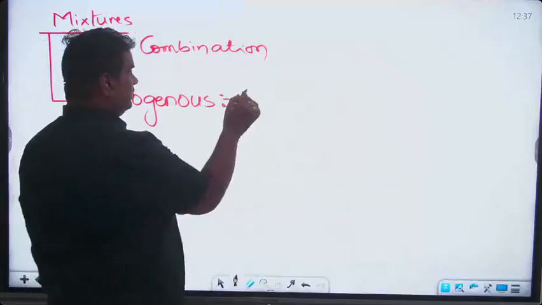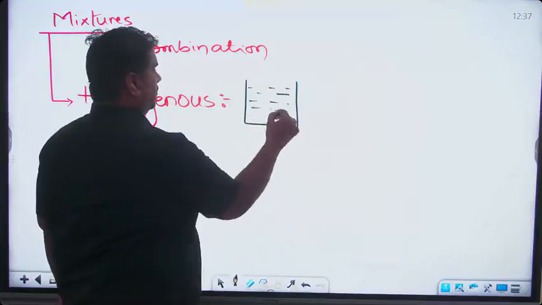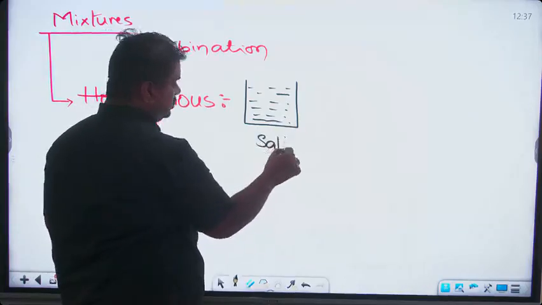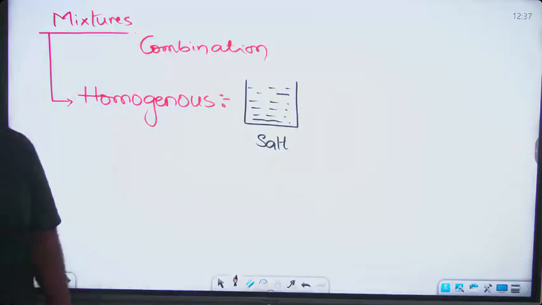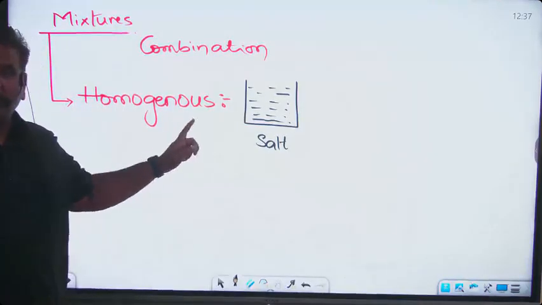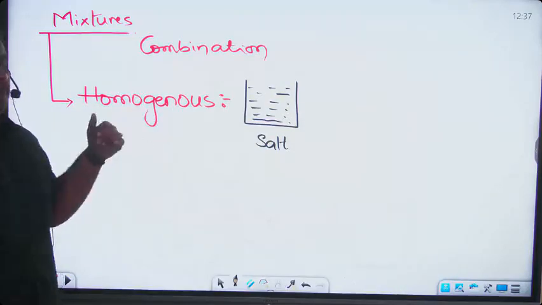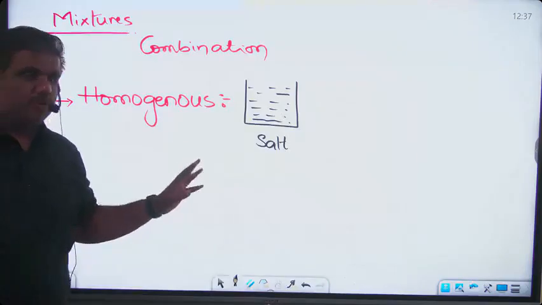Now for example, suppose that you are taking a glass of water. Now in this particular glass of water, assume that you're adding salt. Now each particular combination homogeneous or heterogeneous? It is always a homogeneous mixture. Okay, water and sugar. Water and sugar, homogeneous or heterogeneous mixture?